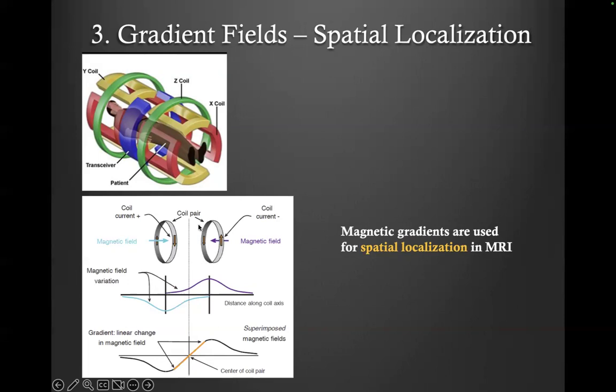Then an anti-clockwise current is going to create a magnetic field in the opposite direction. Now imagine you have these two magnetic fields and you combine them together. You place these coils at a fixed and known location, and then you can create a linearly varying magnetic field in the MRI scanner.